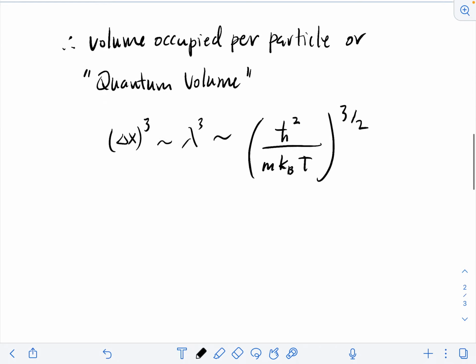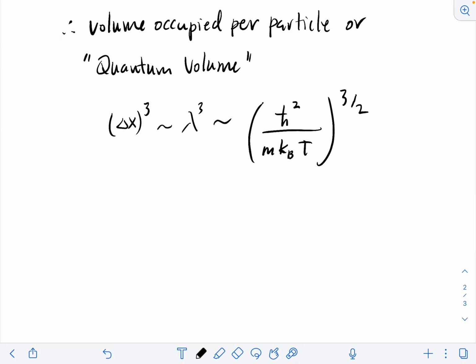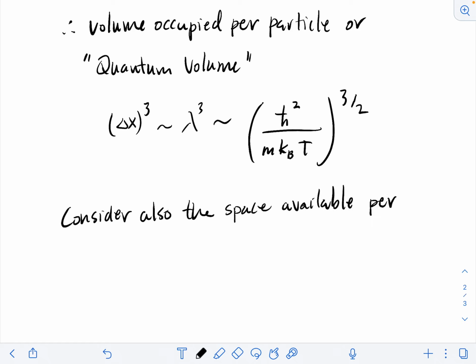All right. Now we could also think about the space available per particle. So let's consider also the space available per particle in the system.